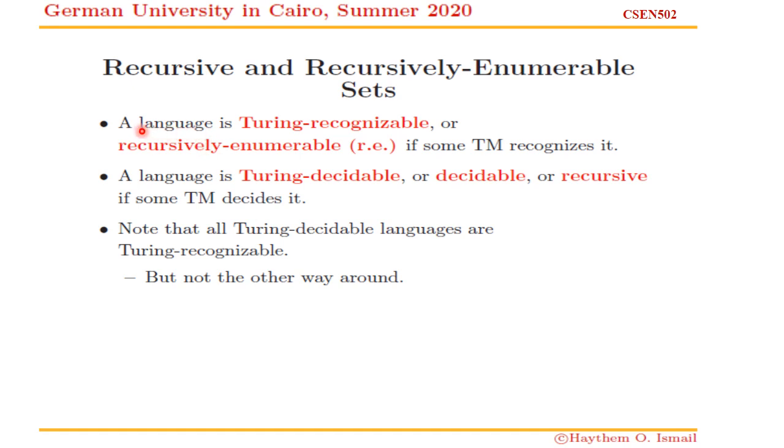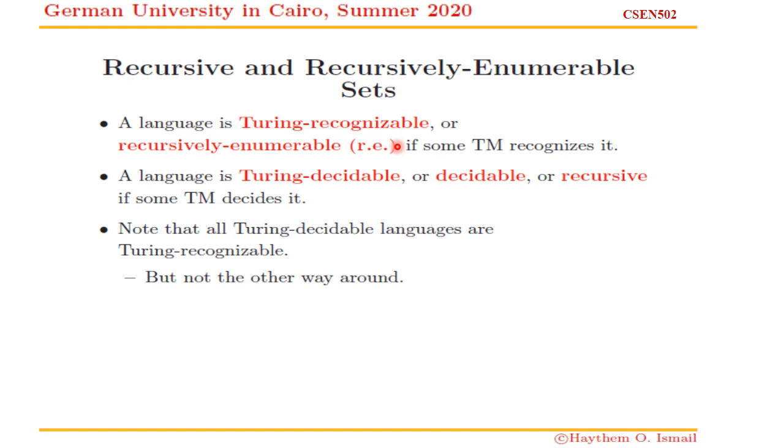But by saying that it does not accept strings not in the language, we are basically saying that it either rejects the string if it's not in the language, or it runs forever on it, okay? So this notion of Turing recognizability, of being recursively enumerable, just means that there's a Turing machine that accepts every string in the language and does not accept strings outside the language.